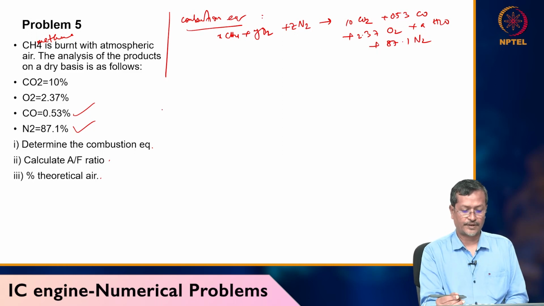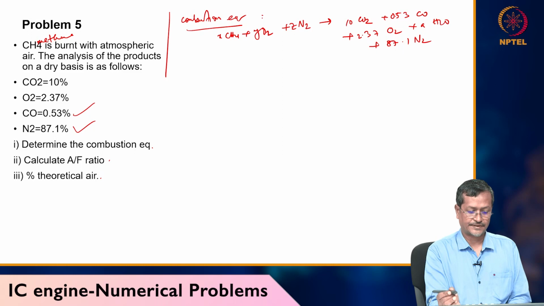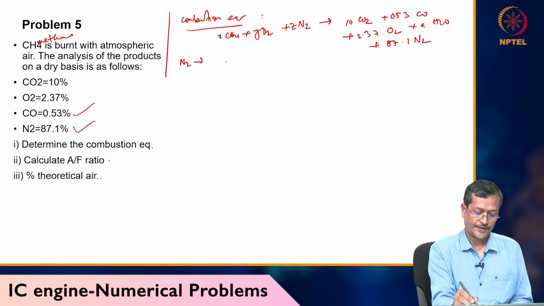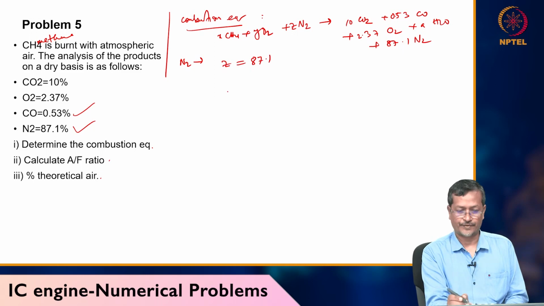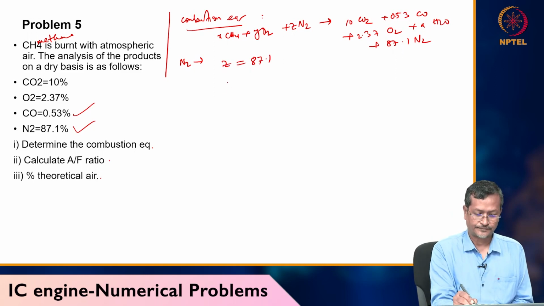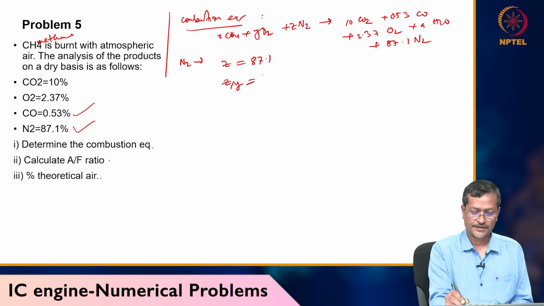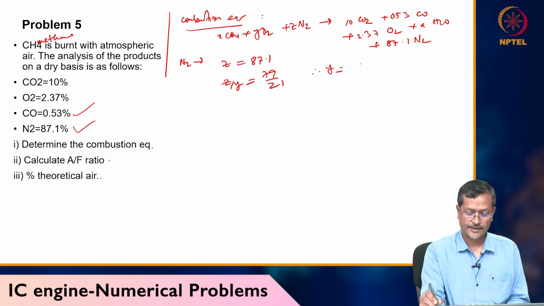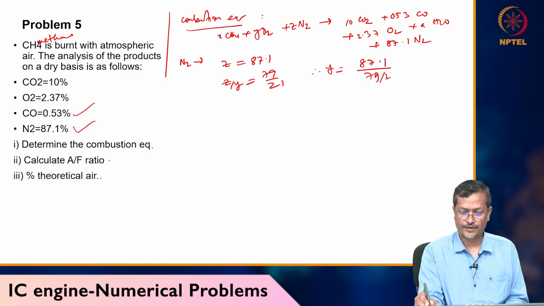To determine all the unknown coefficients, we have to balance the elements. Nitrogen first: Z equals 87.1. Now Z by Y equals 79 by 21. Therefore Y equals 87.1 divided by 79 by 21, so it is going 23.16.